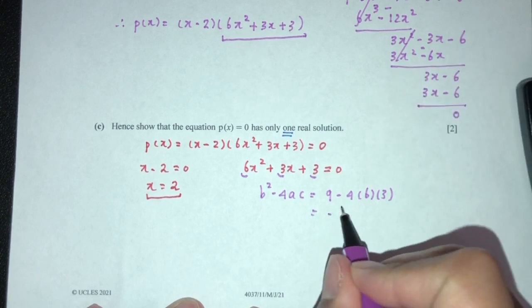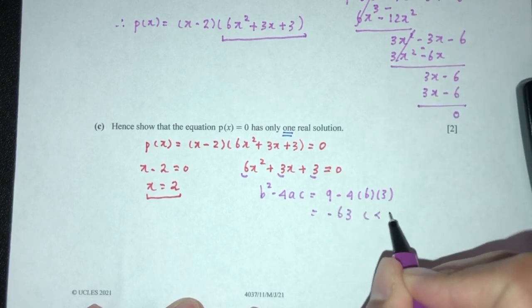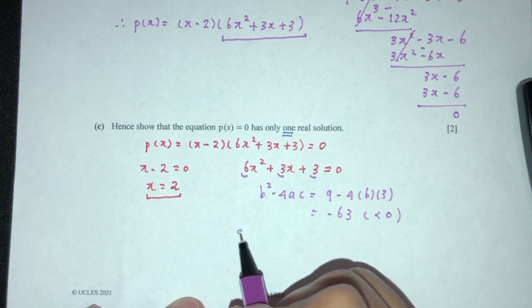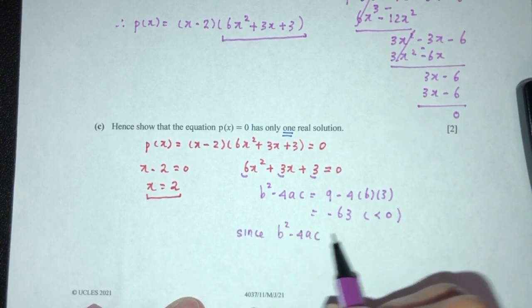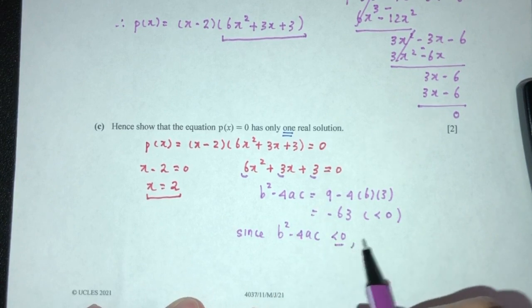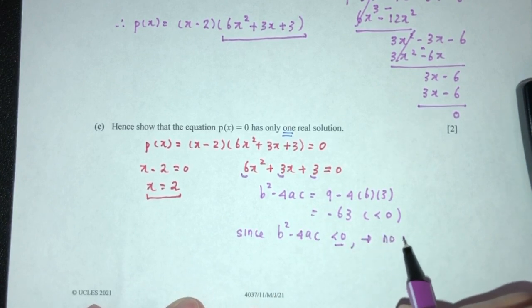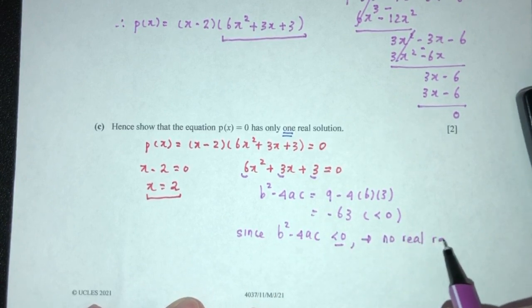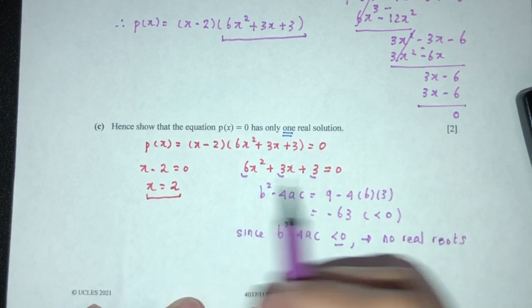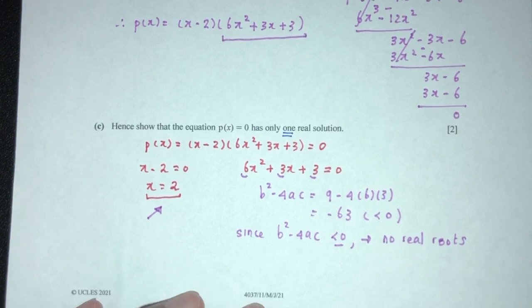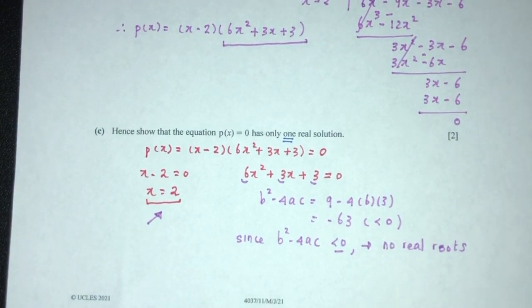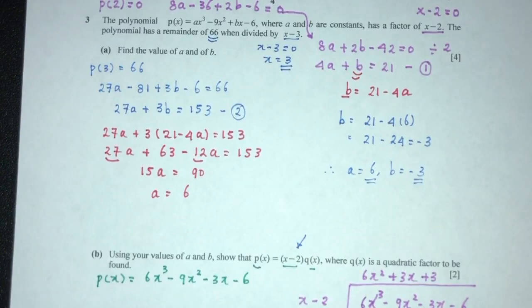That will be minus 63, which is less than the value of 0. So you can say since b squared minus 4ac is less than 0 for this one, we don't have real roots from this part of the equation, so only one real root we have, which is x equal to 2. And that is proven.